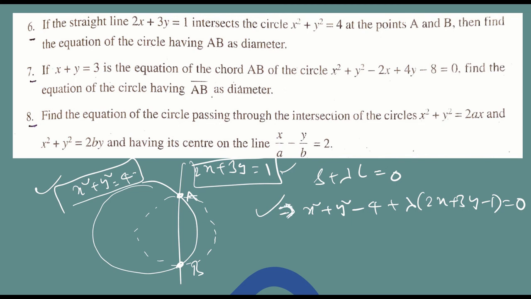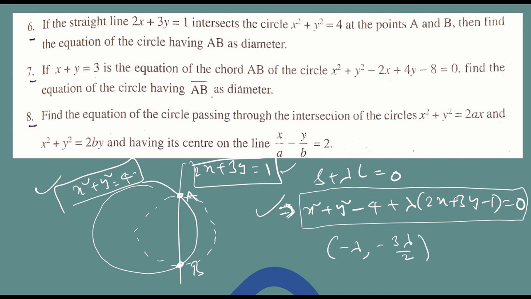Now we want the circle having AB as diameter. So if you want this to have AB as diameter, then its center should lie on the line AB. So let us first write the center of the circle from this. You can see that it is minus of x coefficient by 2, comma, minus of y coefficient by 2.